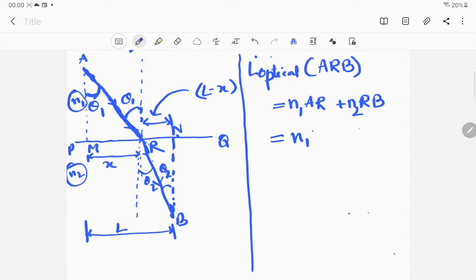So AR, look at the diagram. If I consider AR to be the hypotenuse in the right angle triangle AMR, then according to Pythagoras theorem, AR is nothing but the square root of AM square plus MR square. Am I correct about that? You just check.